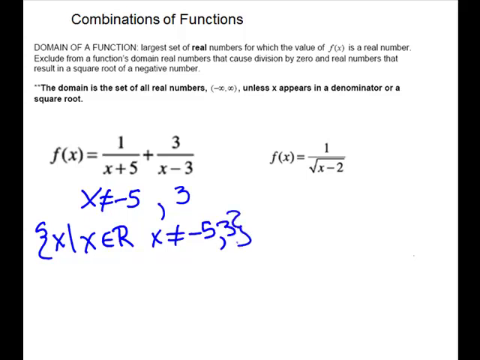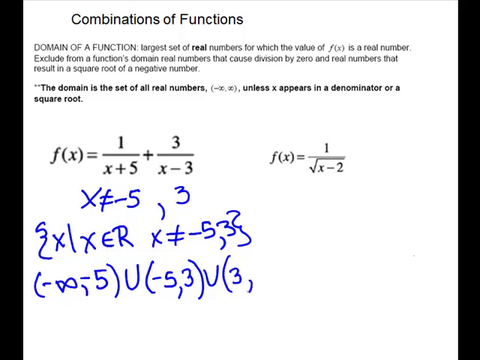Or you can use interval notation. We're going from negative infinity to negative 5. Use parentheses. Start up again at negative 5 to 3, parentheses, and then start from 3 to infinity.